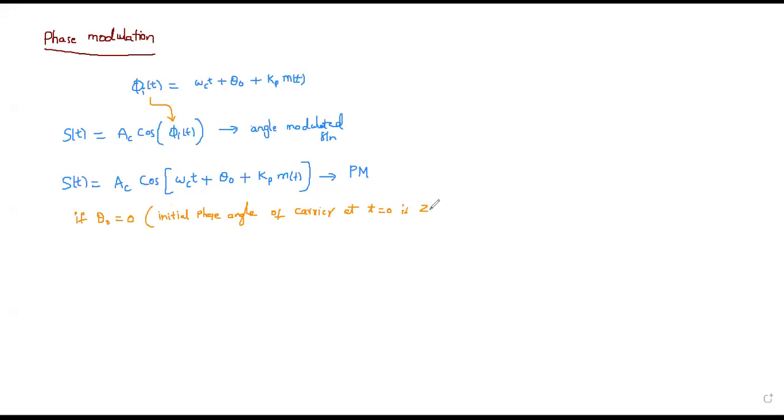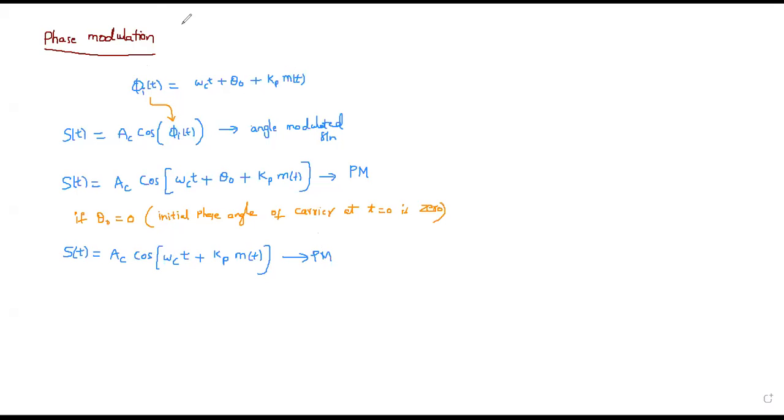If we assume that it is 0, then theta naught becomes 0, and hence S of t I can write as AC into cos of omega ct plus kp into m of t. So this is a phase modulated signal.